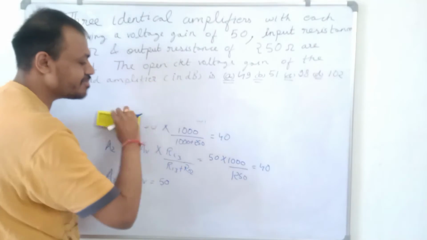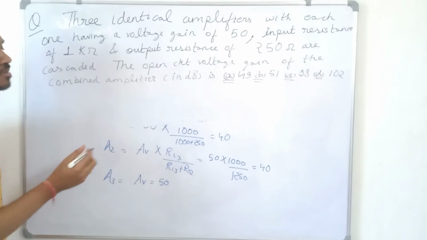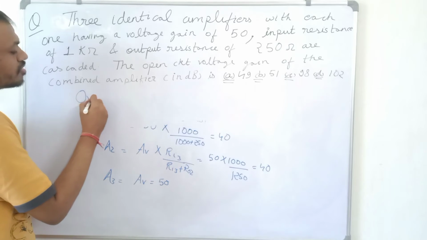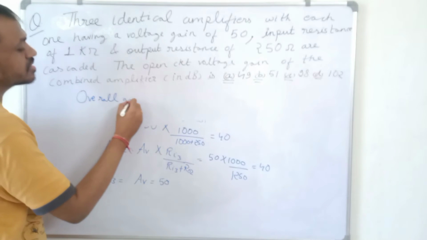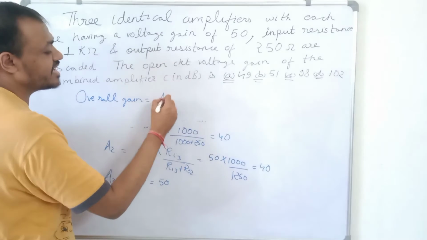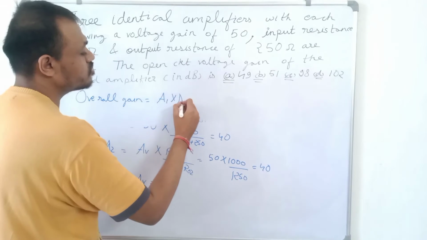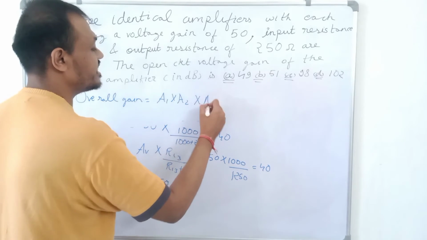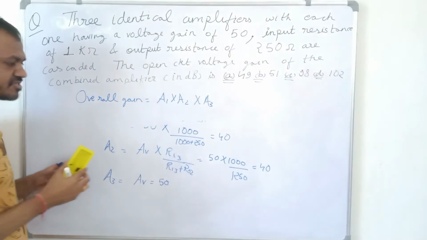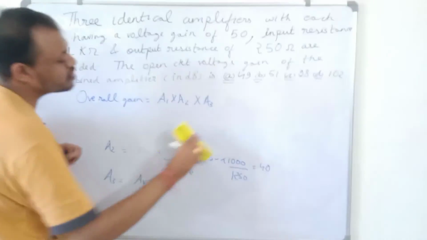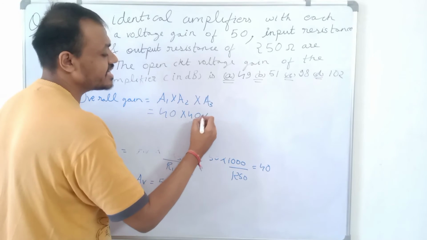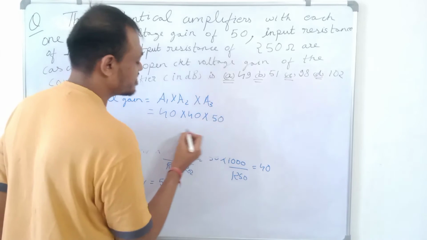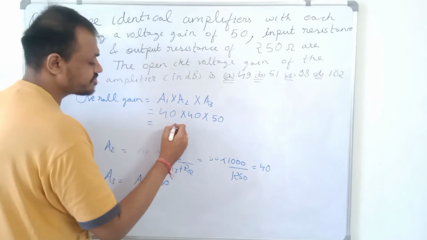The overall gain will be equal to the multiplication of these three gains, A1 into A2 into A3. The gain of the first stage was 40, the second stage was also 40, and the third stage is 50 because there is no load resistance. So this will be equal to 80,000.